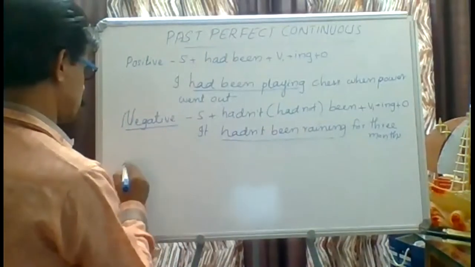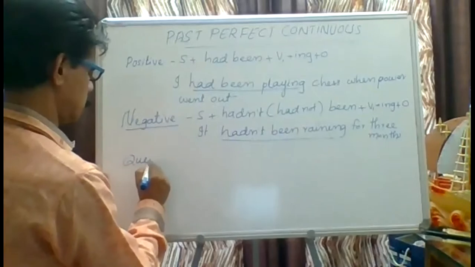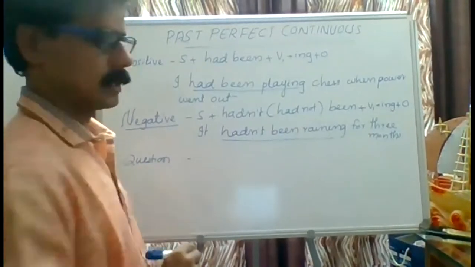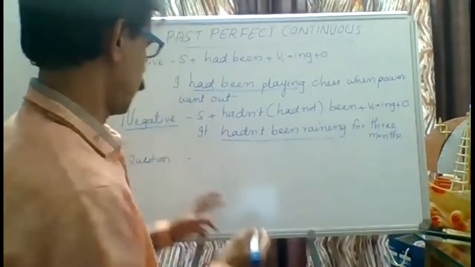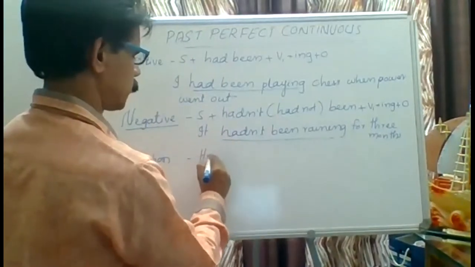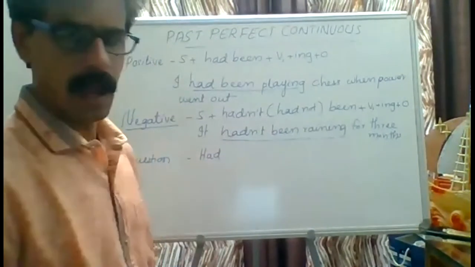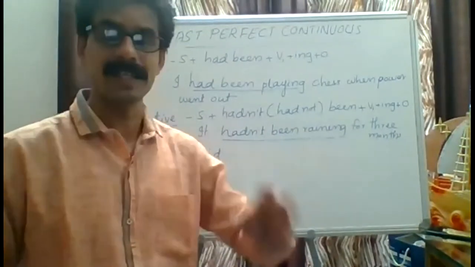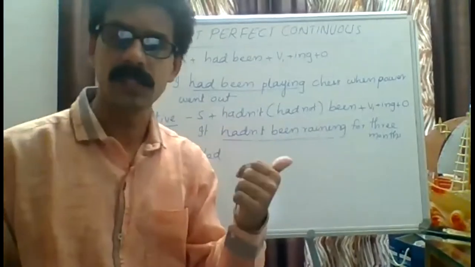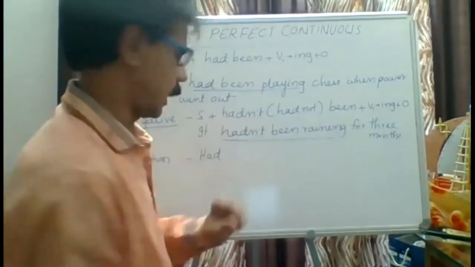And what about the questions? Let us find the question formation. Question is also very easy. First, had is placed at the beginning of the sentence, because had is the helping verb.